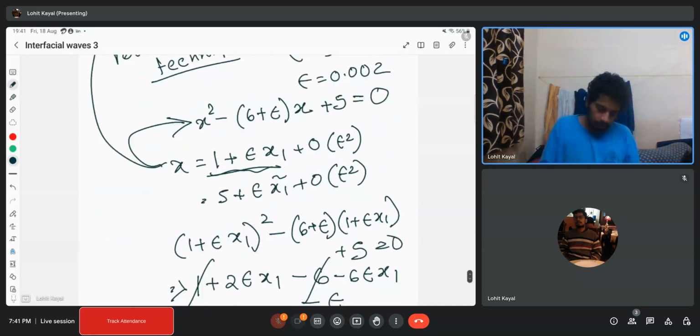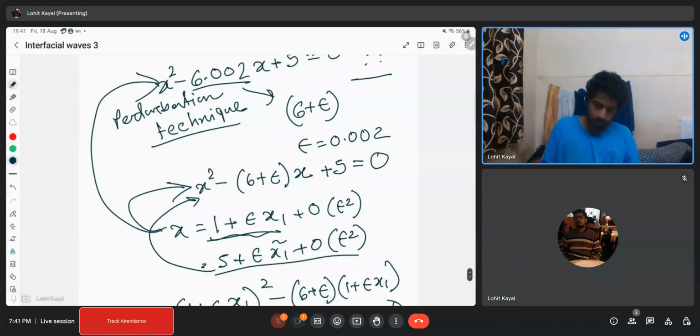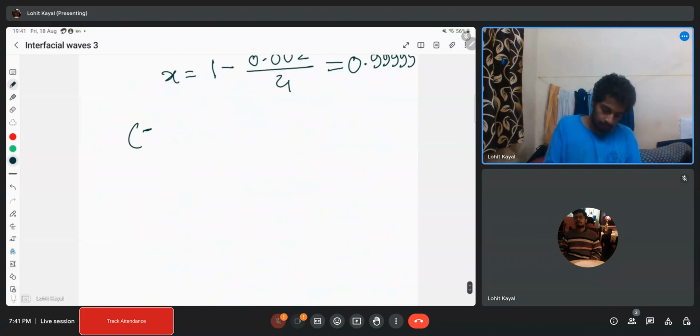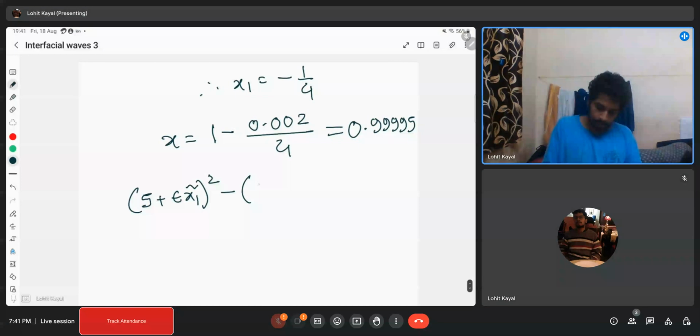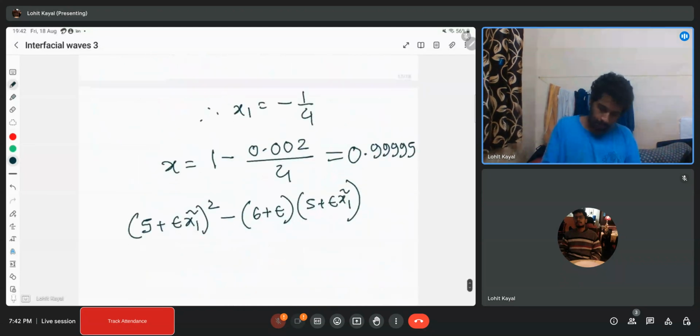Now I will do the same for the other solution. We want to find the expression of x1 tilde. So it will be (5 plus epsilon x1 tilde) whole square minus (6 plus epsilon) into (5 plus epsilon x1 tilde) plus 5 equal to 0.